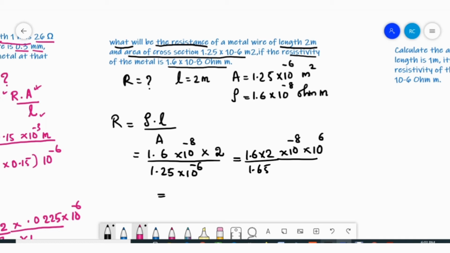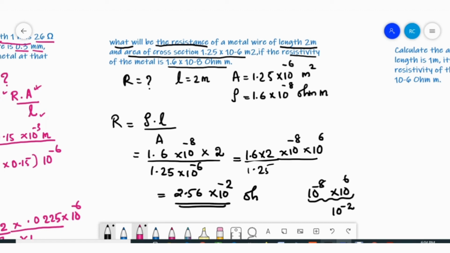So when you solve 1.6 into 2, you will get 3.2. 3.2 divided by 1.25, you will get the value 2.56. And 10 raised to minus 2. So 2.56 into 10 to the power of minus 2, and the unit is ohm.